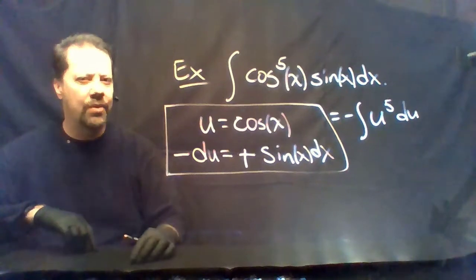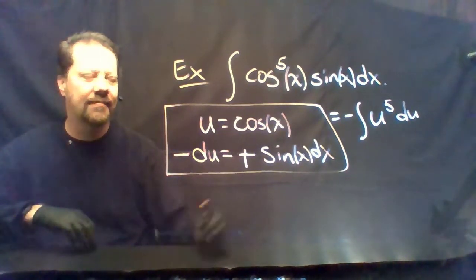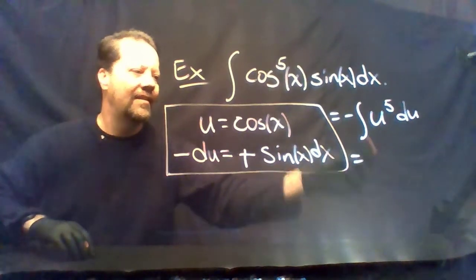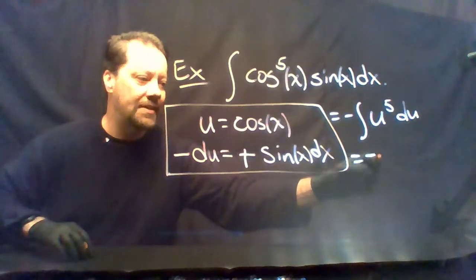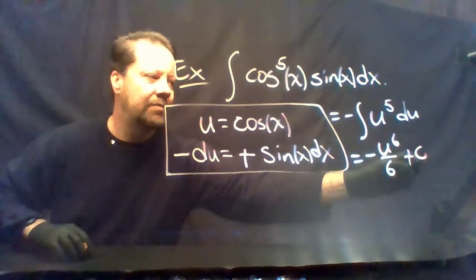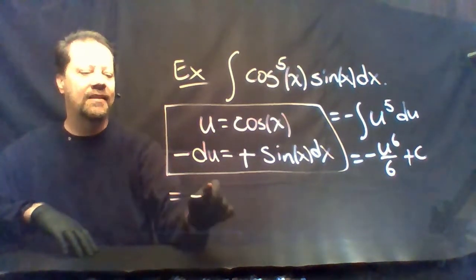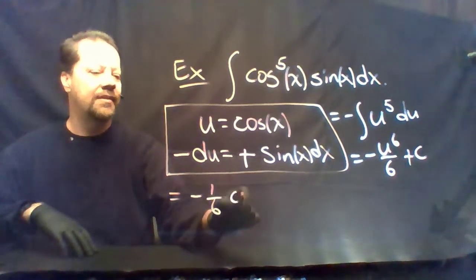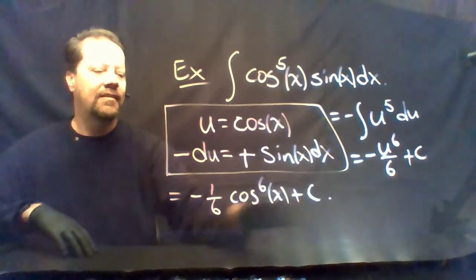Make sure that you understand what just happened here. Finding the antiderivative using the power rule is now an easy step. Negative u to the 6th over 6 plus c. And then substituting back, we have negative 1/6 cosine to the 6th of x plus c.